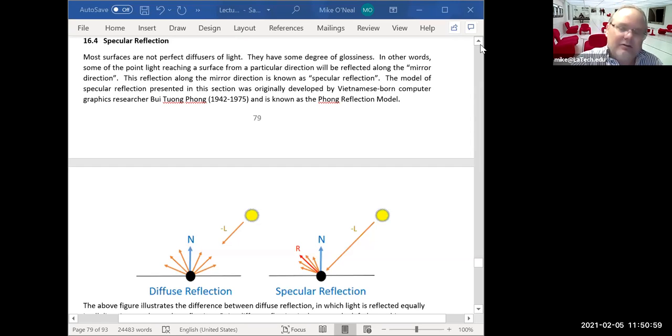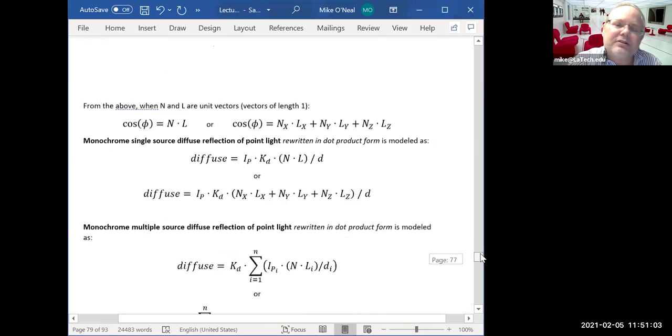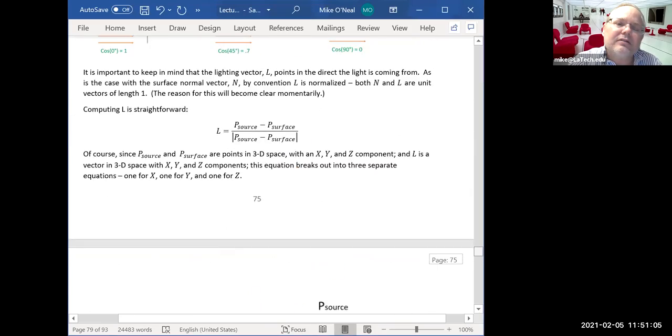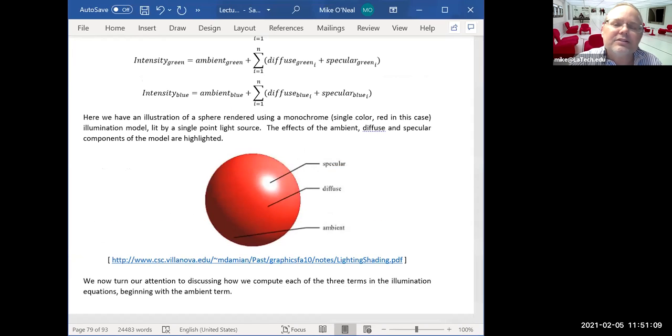If we go back and look, again, I'm going to have to scroll. I'll try doing it this way, but I know I'll miss it. This puppy, right? We haven't covered the specular part yet, but we've covered the diffuse and the ambient.